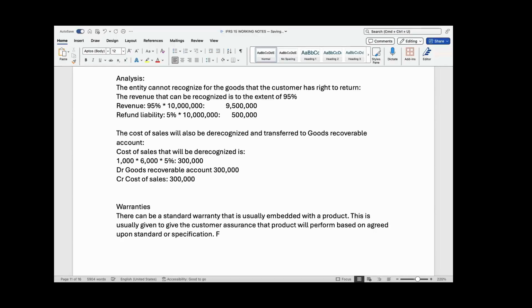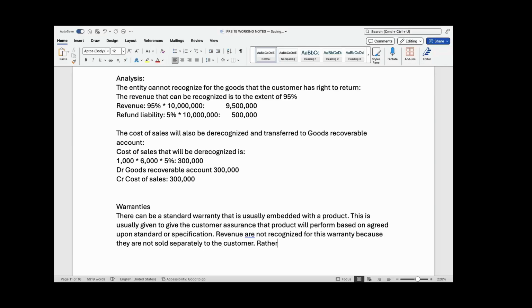So revenue is not recognized for this warranty because it is not sold separately to the customer. It's not like the customer pays for the warranty. No, the customer does not pay.